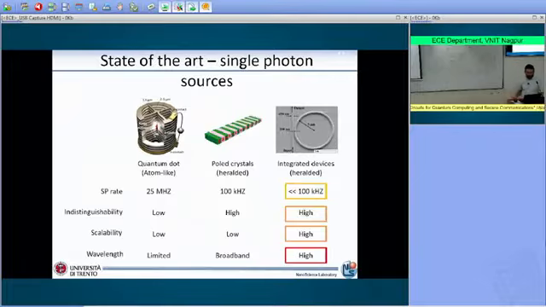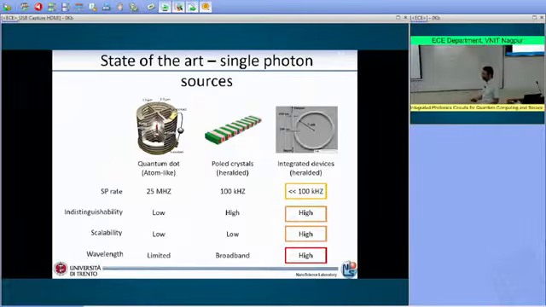What are the properties, in terms of numbers? The quantum dot sources can generate some 25 million photons per second, so very high brightness. But the indistinguishability is low. The scalability is low, meaning that you need quite complicated experimental settings.